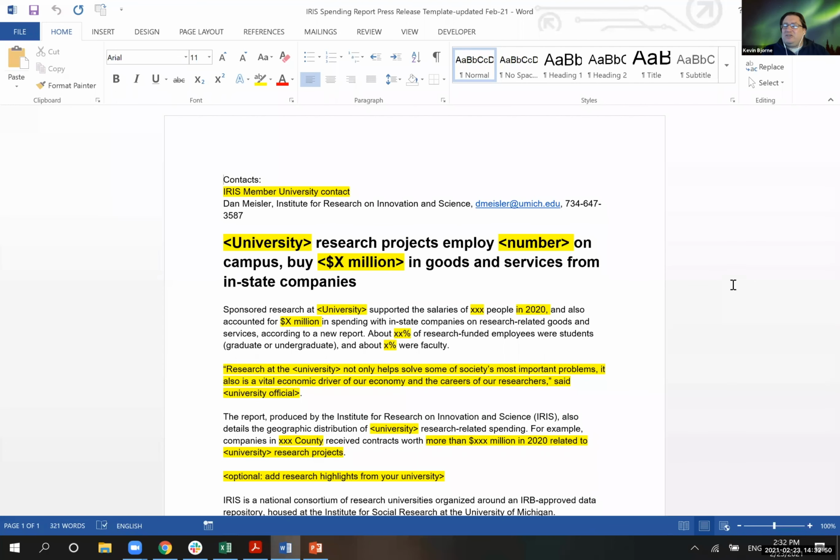And correct me if I'm wrong, Dan, do we pre-fill this in for them? Or do we provide the template and then they fill it in? They fill it in themselves using the data that they find most important or relevant to their communications goals at the moment. Right, okay, perfect. So we try to provide tools to you, not just informational tools that you can use to explain the impact of research, but also tools to disseminate that information in a very easy and quick way.